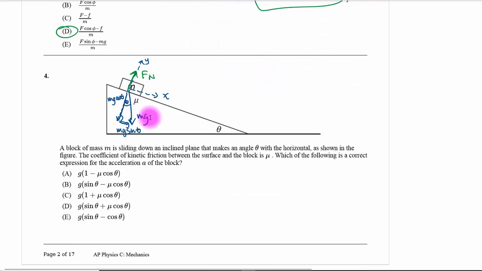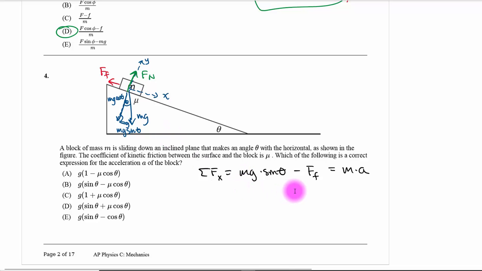In this case, I'm also going to have a frictional force going uphill. I'll call that F sub F. And here's where we can write out a net force in the horizontal direction. Regardless of the full details, we're going to have mg times the sine of theta, trying to slide downhill, minus the force of friction, equal to m times a. Here's where you could cut some corners.